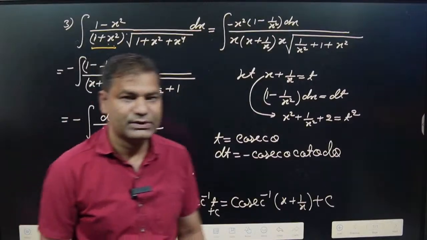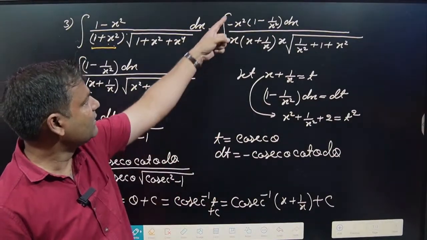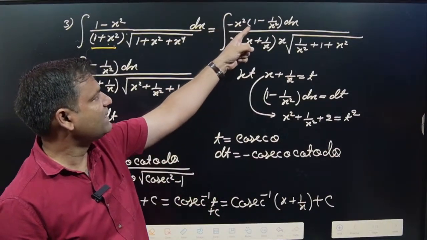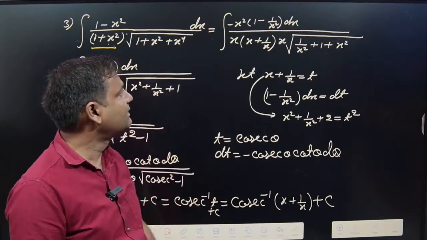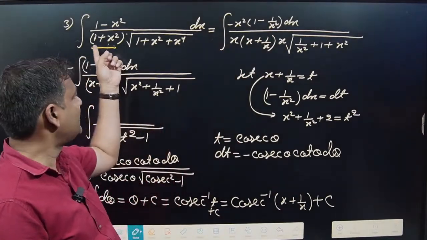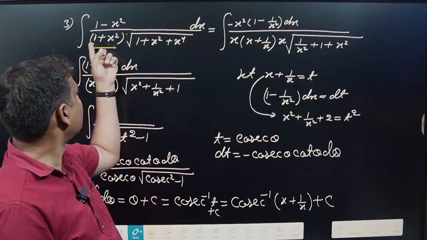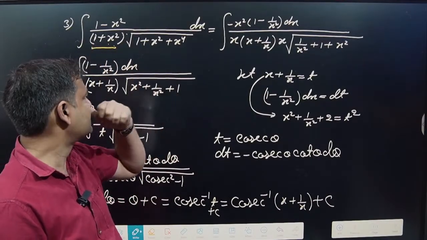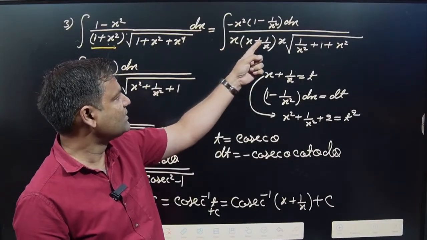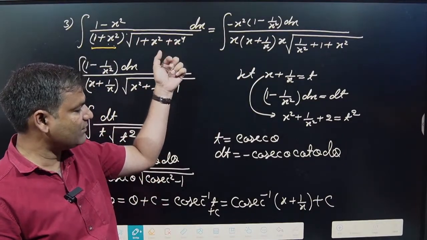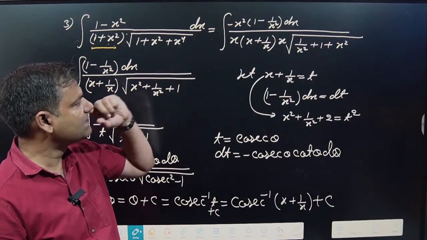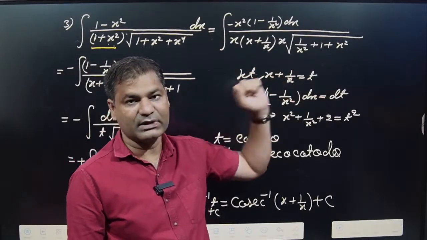How can we solve it? Simply, the integration of 1 minus 1 upon x square dx. After that, if we take x square common, here x and here also x, then we get x into 1 upon x; in this under root we take x common.